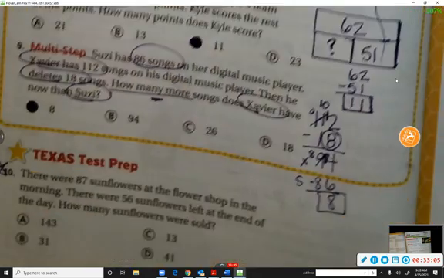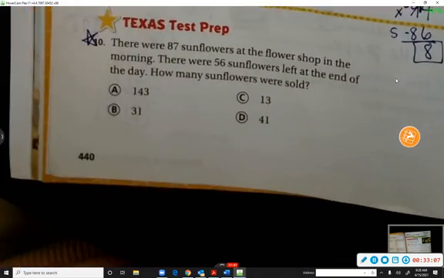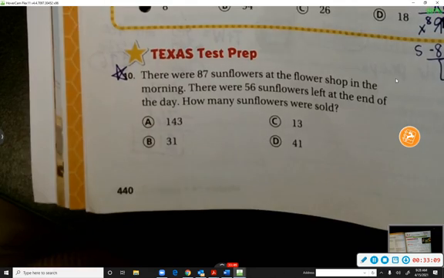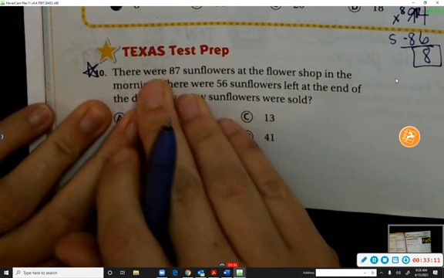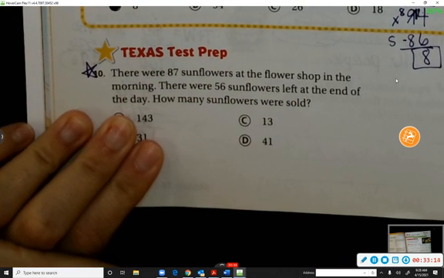Okay, last one. Number 10, I wanted you guys to set up a strip diagram. So it says there were 87 sunflowers at the flower shop in the morning. There were 56 sunflowers left at the end of the day. How many sunflowers were sold?